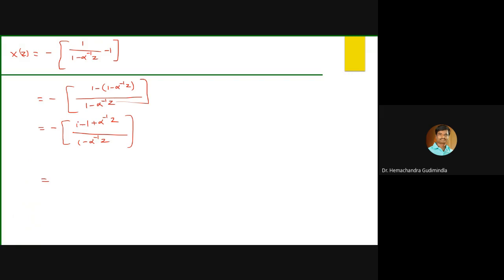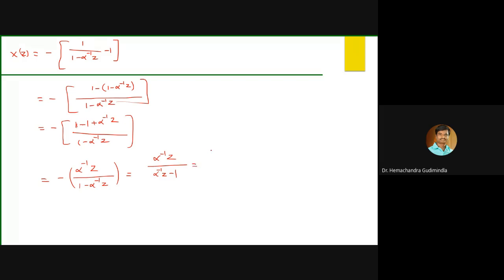So now this 1 minus 1 will be cancelled. You will get minus of alpha inverse into z divided by 1 minus alpha inverse into z. Now if you multiply with minus here, what you will get? Alpha inverse into z divided by alpha inverse z minus 1.